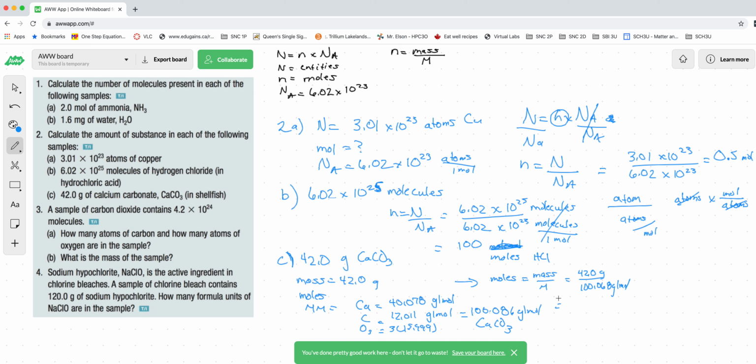And all of that just to get to the number of moles, which is, and just for ease, I'm going to round to, oh, that's actually what they want.